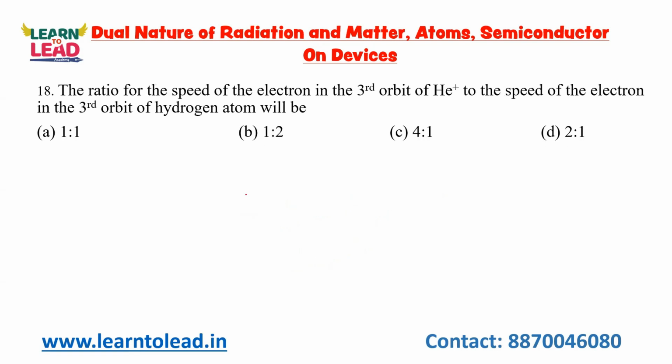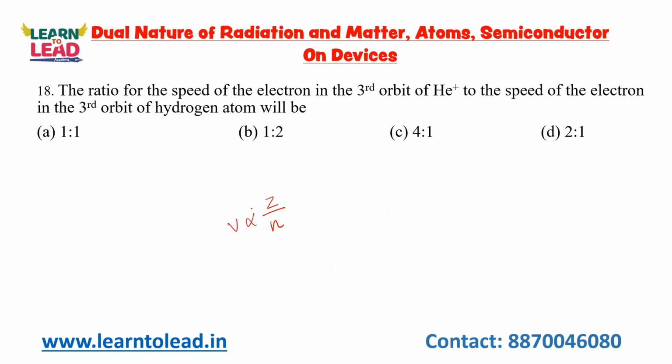Next. The ratio of the speed of the electron in the third orbit of helium to the speed of the electron in the third orbit of hydrogen, they are asking. Speed is directly proportional to Z by n.